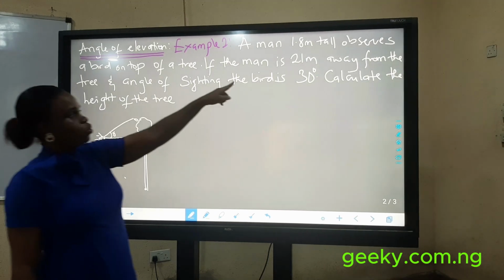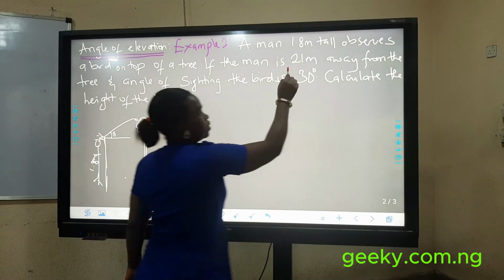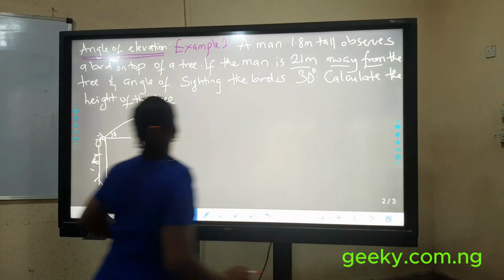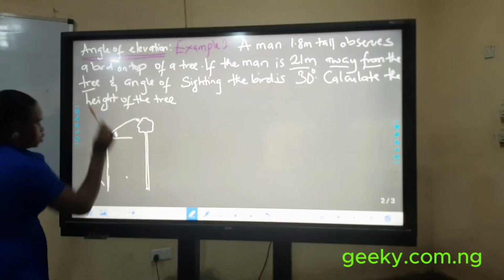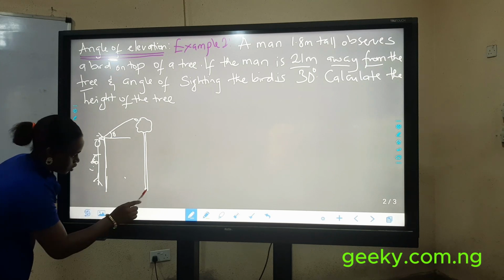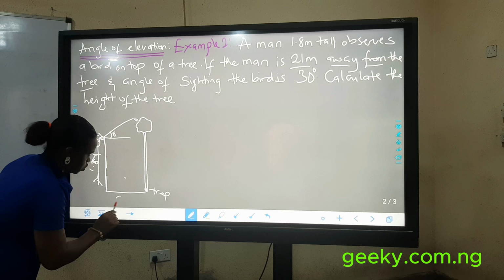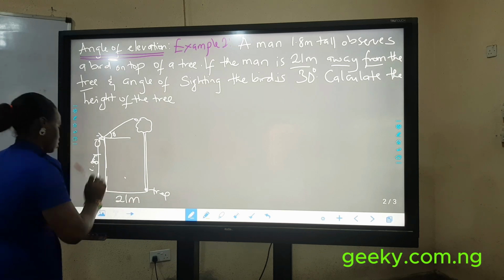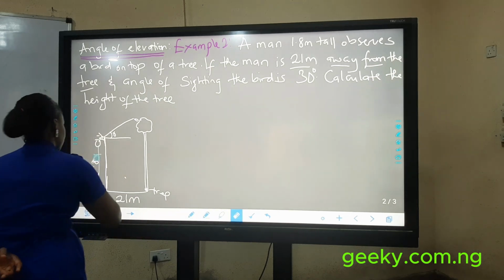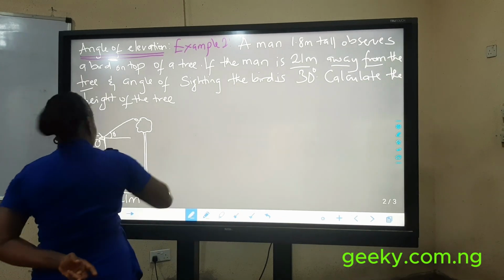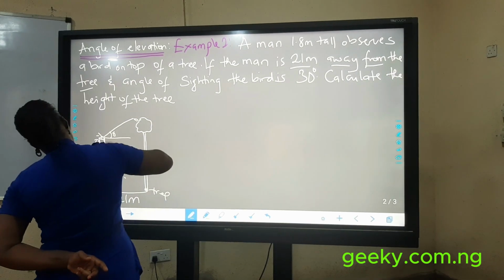If the man is 21 meters away from what? The tree. So it means that between the man and the tree is 21 meters. Remember, his height is 1.8 meters.